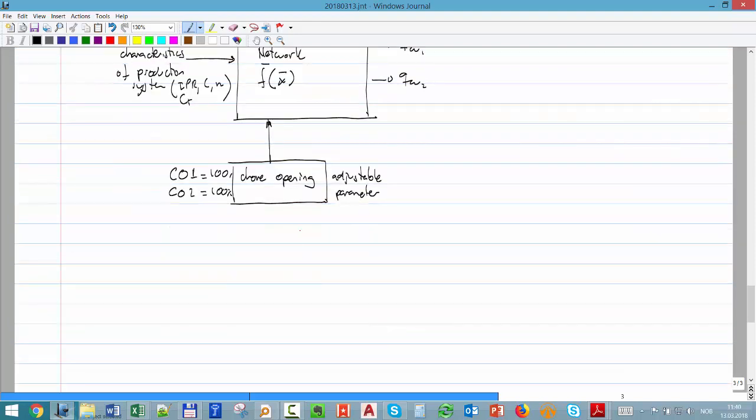So I just want to show, if I make a plot of the feasible rates, Q well 1 and Q well 2, when the chokes are fully open, I get a point here. That will be 100%, 100% open. I get this rate and I get this rate.